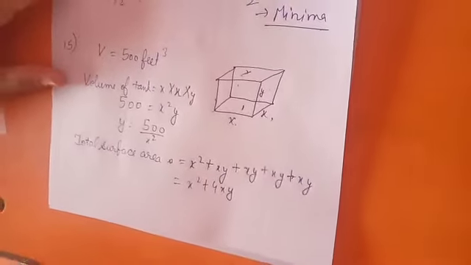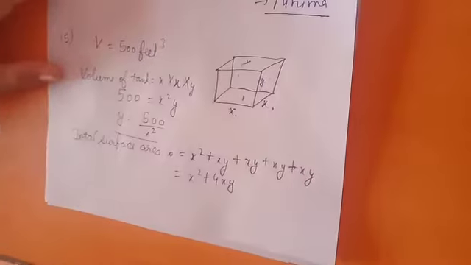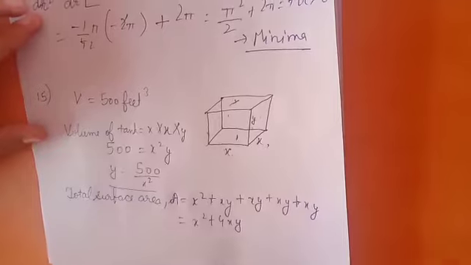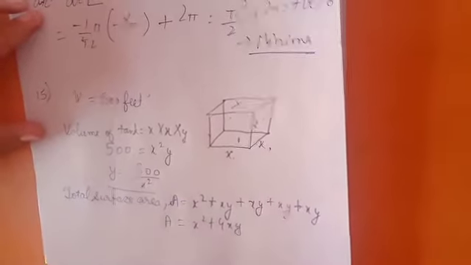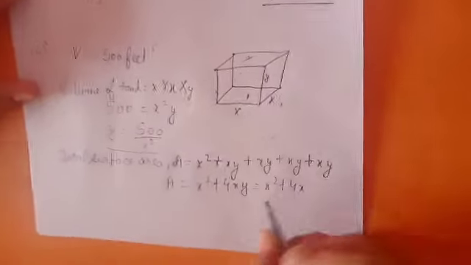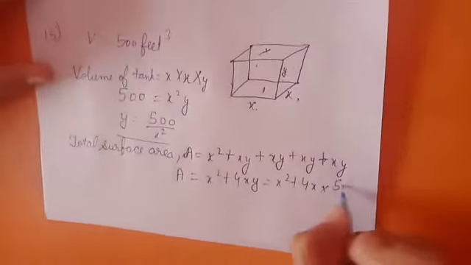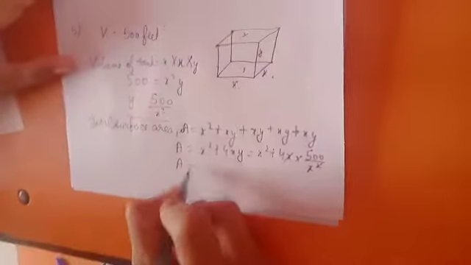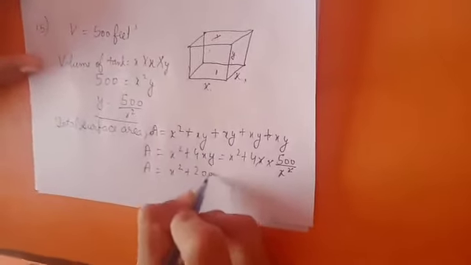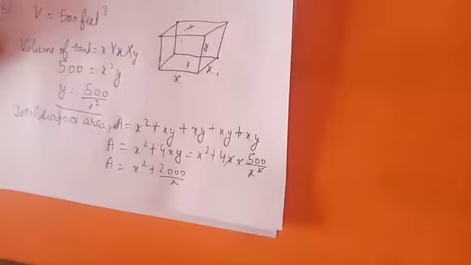Okay, here I can put the value of y. I can assume my total surface area is A, so my A is equal to x square plus 4xy, that is equal to x square plus 4x, and what is my y? 500 by x square. This x cancels this, so I get my A equal to x square plus 2000 by x.